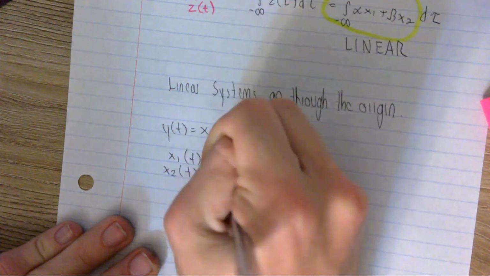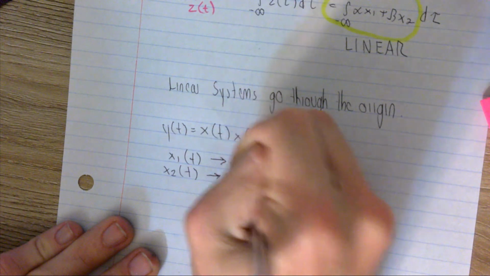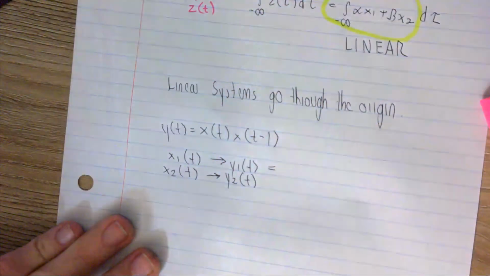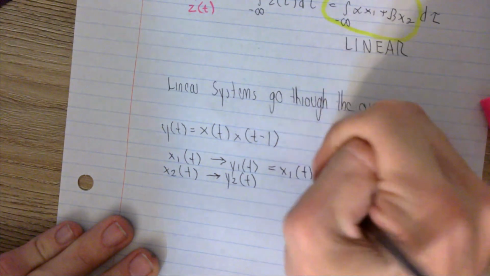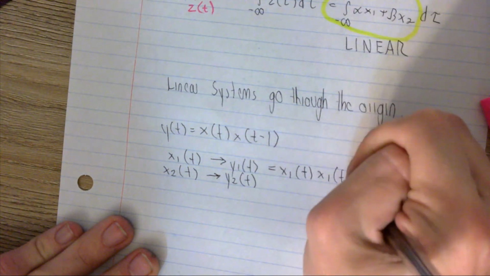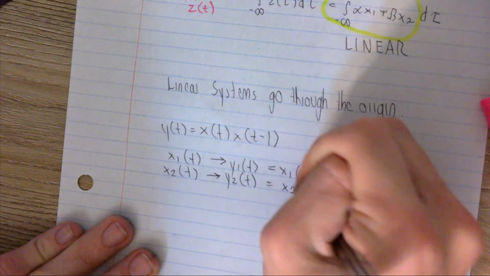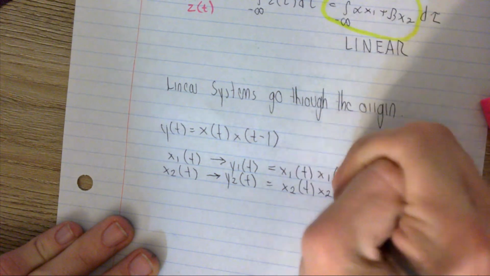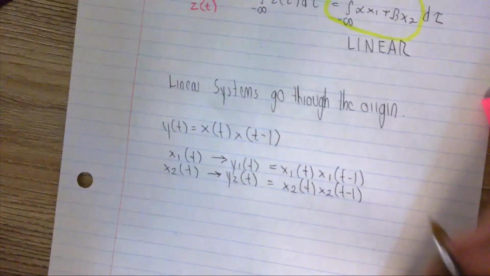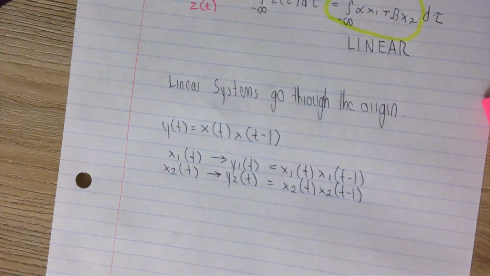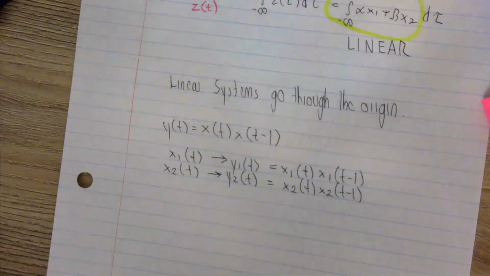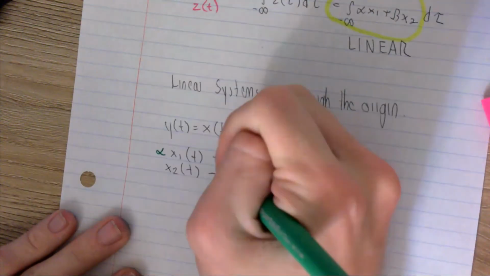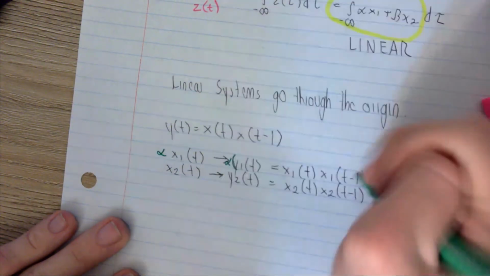And then what you're going to do as a result here is you're going to see y1(t), well, that would be x1(t) minus 1, and then this one here would be x2(t) minus 1. And then after doing these, you have to multiply by a constant. So here it would be alpha, and alpha multiplied by this output here. Then here would be beta.